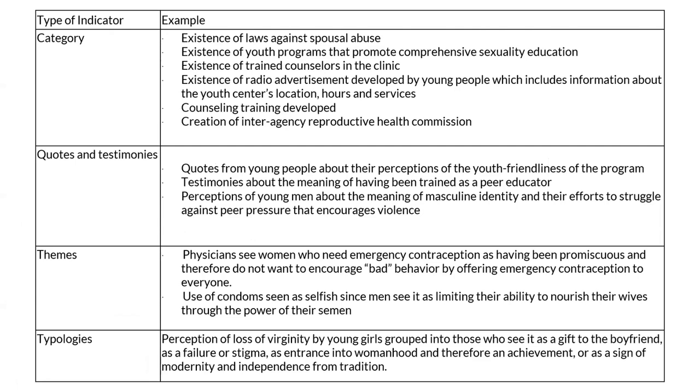Existence of laws, existence of a new thing in a program which wasn't there before, creation of new things which were not there before. These are all indicators that you try and look out for. And most times you find your non-numerical indicators at the outcome level, and at the output level in some cases.